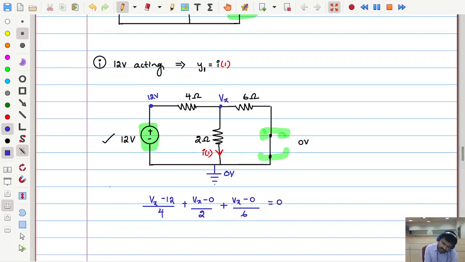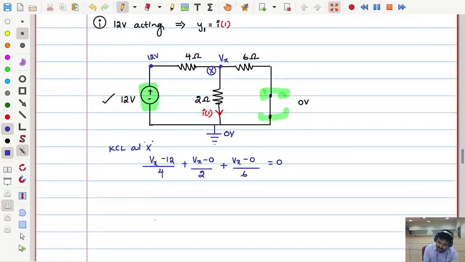This is Kirchhoff's current law, KCL, at node x. So now let us see what Vx is. (1/4 + 1/2 + 1/6) times Vx is equal to how much?